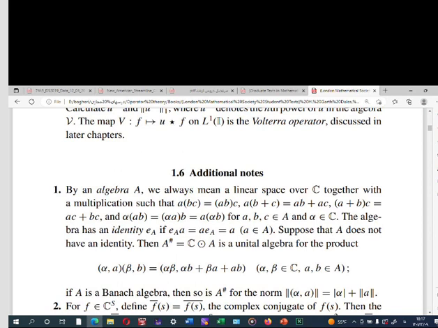And for any alpha in the complex numbers, alpha multiplied by ab equals (alpha a) multiplied by b. Please note that a and b are elements in A. So this multiplication must have these properties.